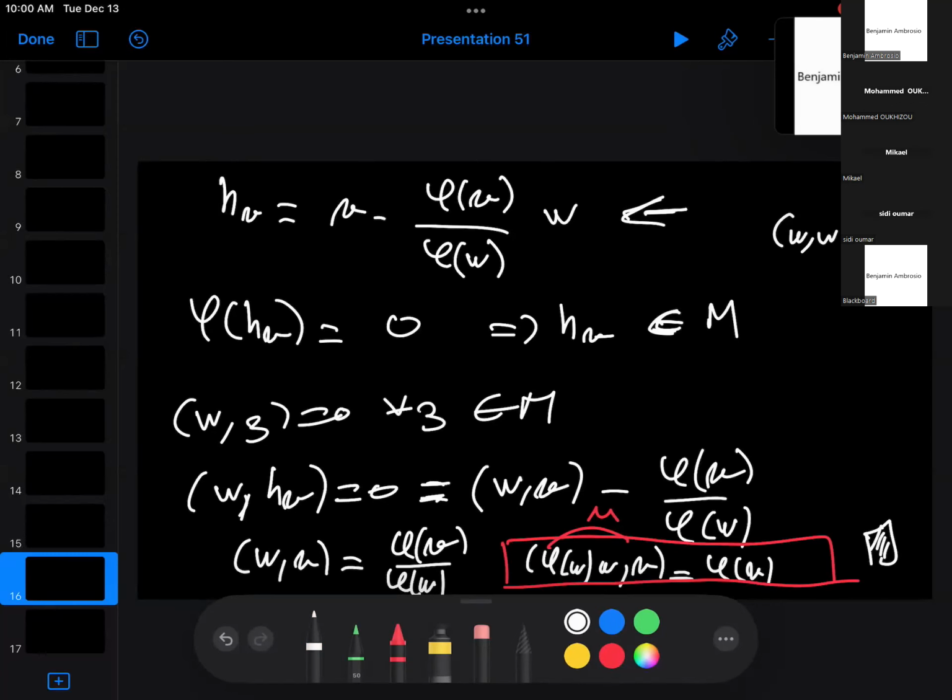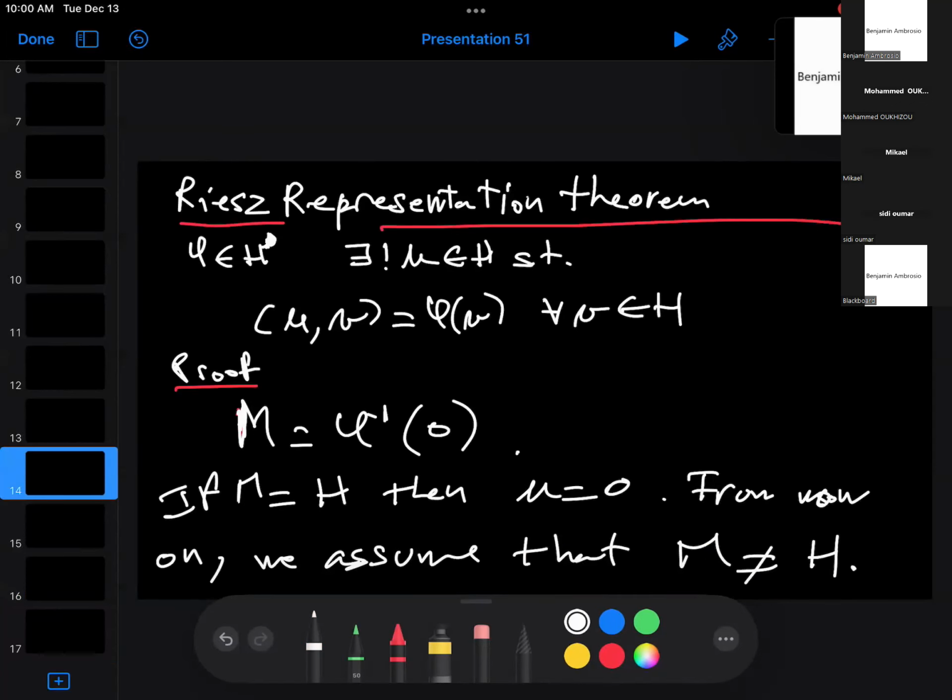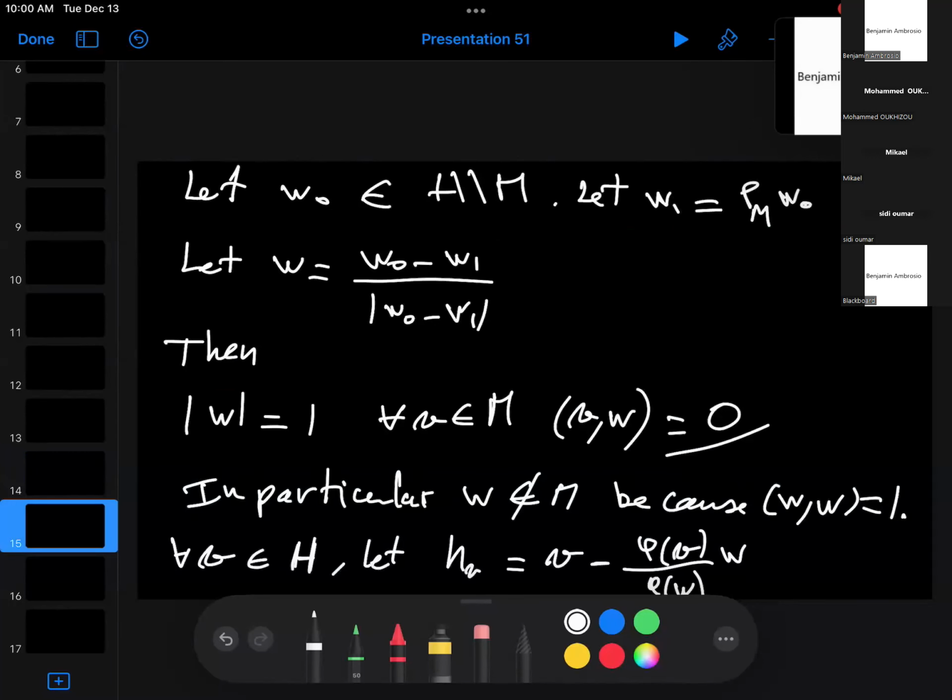All right, so what we did, we looked for a U here. We defined M as the kernel of phi. Then we assume that M is not H. If not, you choose U equals 0. And so you start with a W0, you choose W1 to be the projection of W0 on M, and you normalize. So you choose W to be W0 minus W1 divided by its norm.